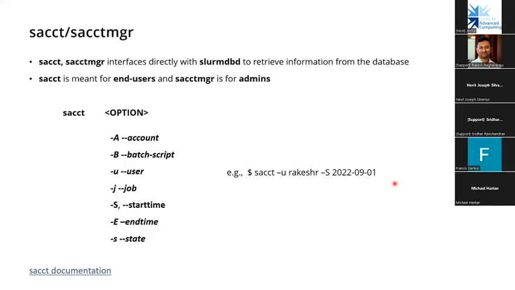I can also specify the end time. Like if I want to look at the jobs that I ran during September, I can say 2022 0901 to 2022 0931 or 30. I can't remember, but that will essentially give you all the jobs during that period.